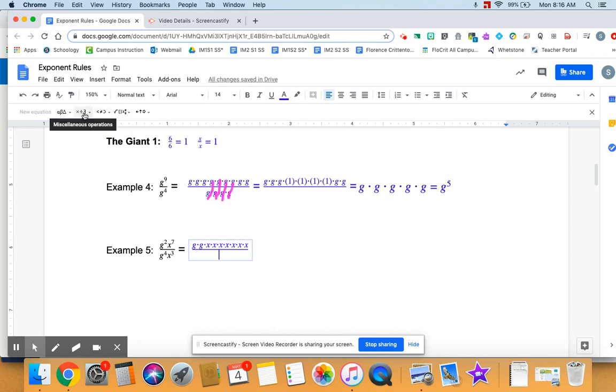And on bottom, I have g to the power of 4, so g, 2, 3, 4. And then again, because there's nothing between the two letters, it just means multiply, and then x. And then I have 3 of these x's being multiplied.